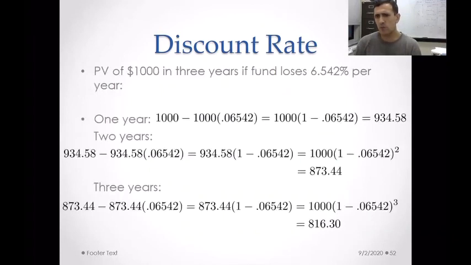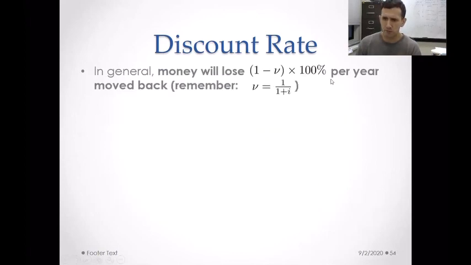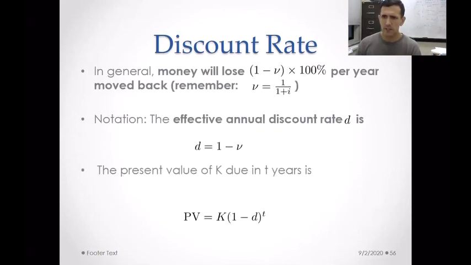So for example, we just saw the present value of 1,000 due in 3 years is 1,000 times 1 minus 0.06542 cubed, where the fund loses 6.542% per year. So definitely an important formula to remember in terms of the discount rate d.